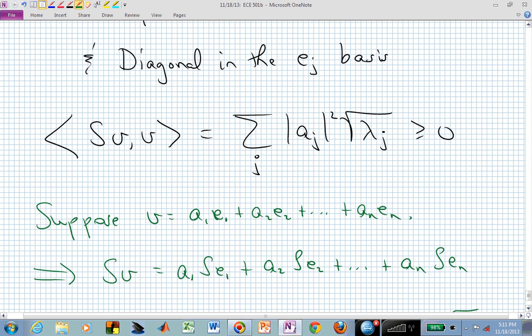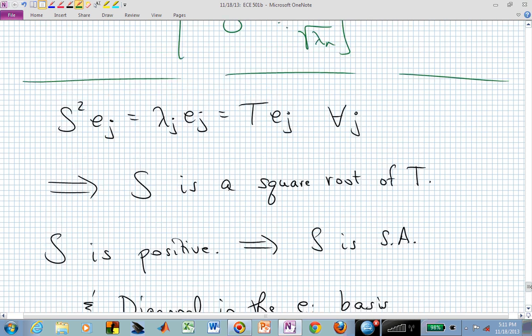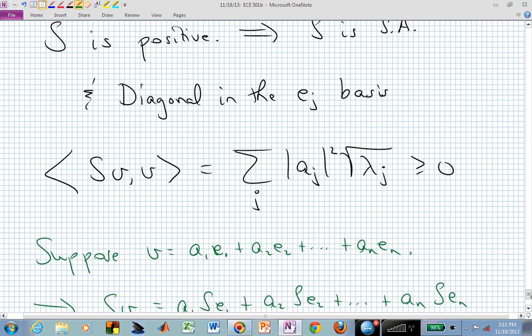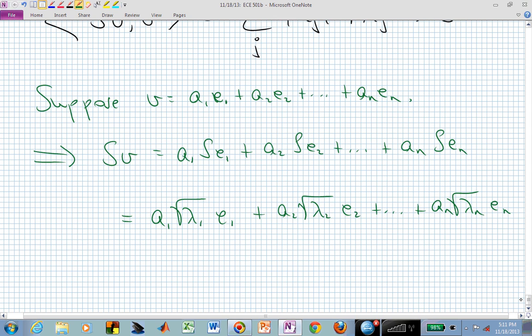So we're guaranteeing that that construction produces a positive square root, because SV, inner product with V, is non-negative. Is that clear? So that's now proving B implies C.